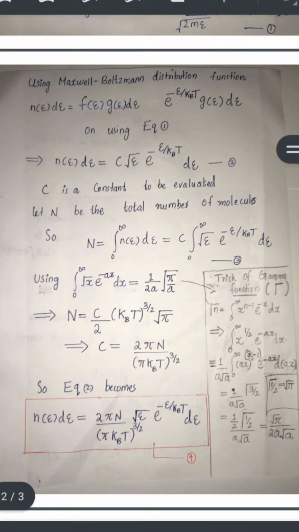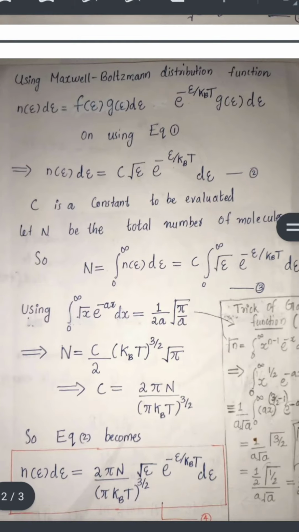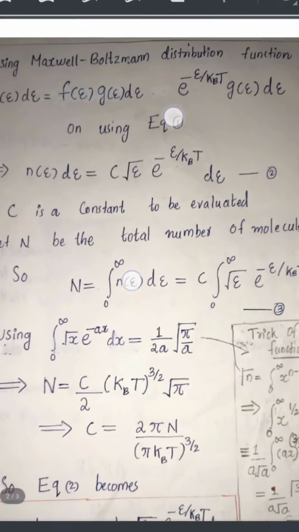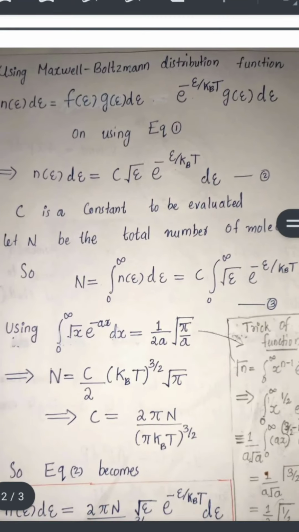So now we have N of epsilon d epsilon in our hand. Our task now is to find this constant C.